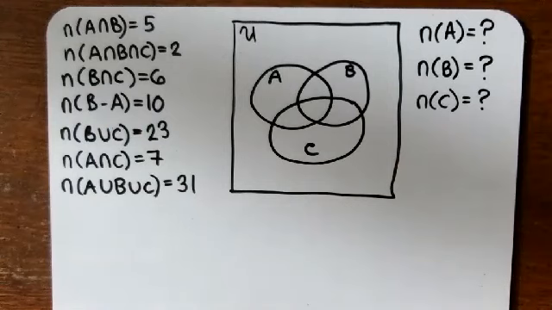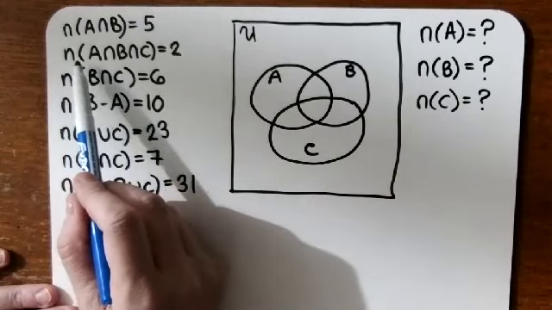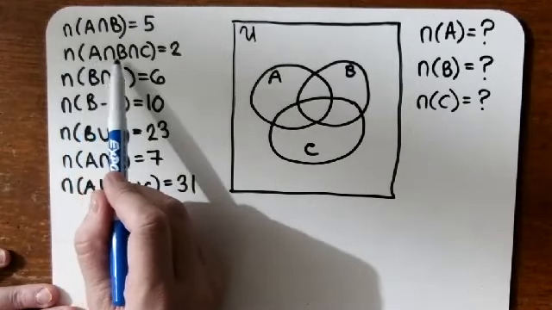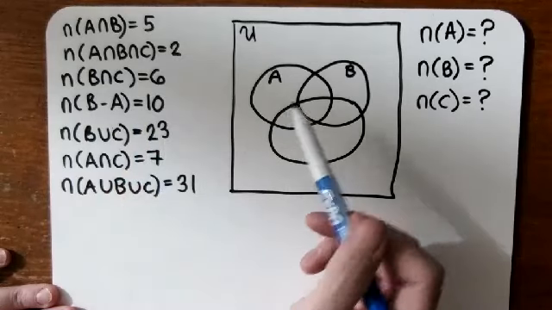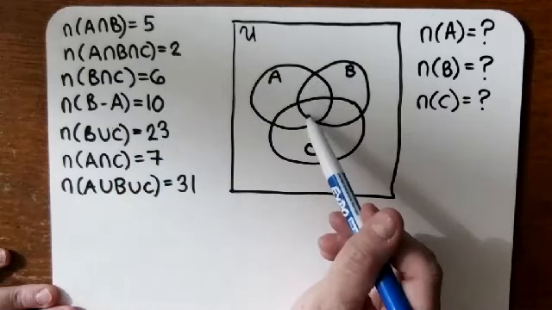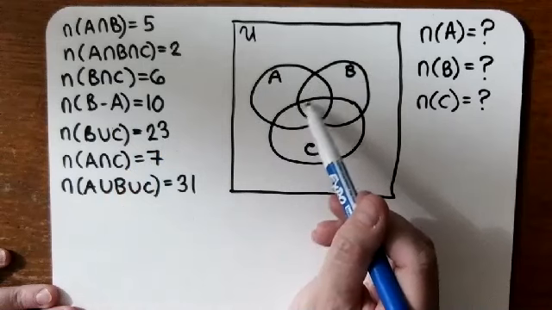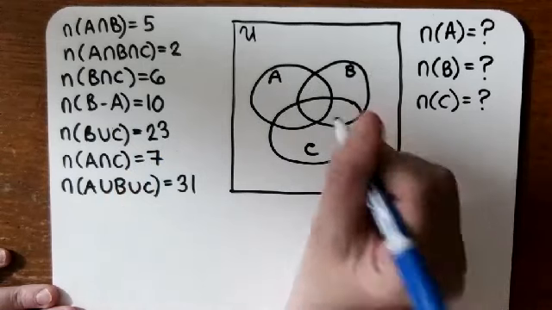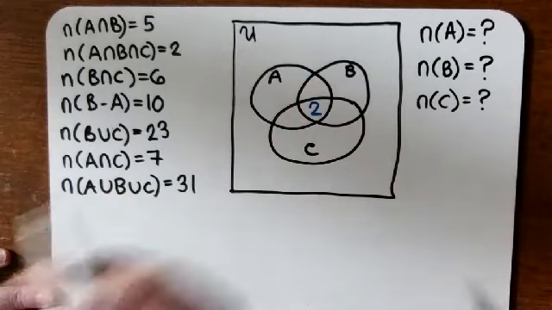We can't use these clues linearly, so we'll just move on to the next clue. The number of elements in A intersect B intersect C is 2. That is the overlap of A and B, which was those two sections, and overlap with C, so just this section here. So in that one region, we have two elements.